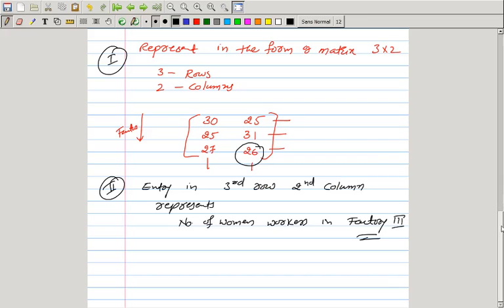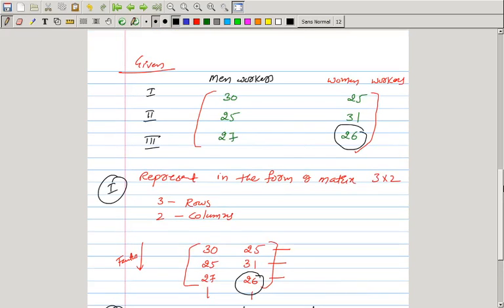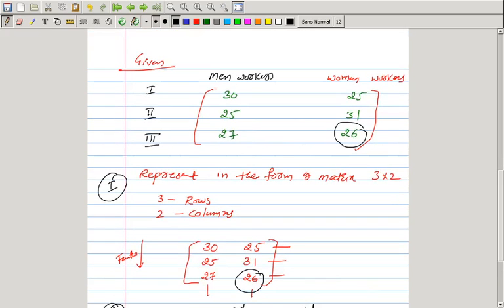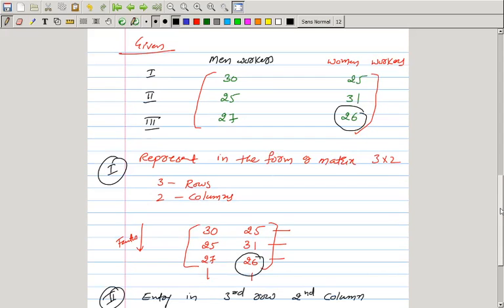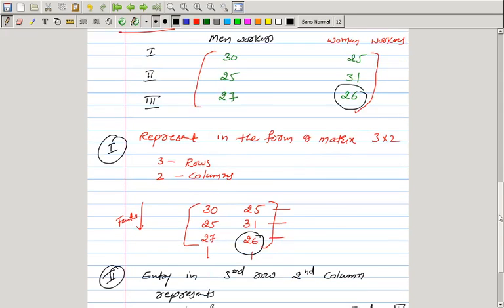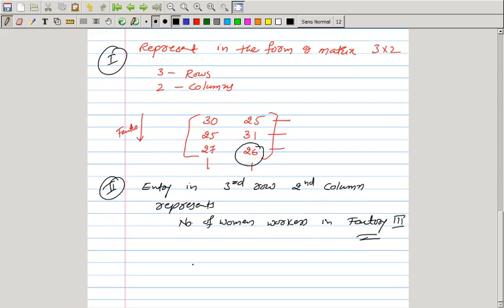Now let me just extend this question, and let us say I ask you to represent this matrix in the form of order 2 into 3. How will you write it, right? So if you are told to express it in a matrix of order 2 into 3, then we have to just write it as 30, 25, 27, 25, 31, 26. This is just an extended question, right?